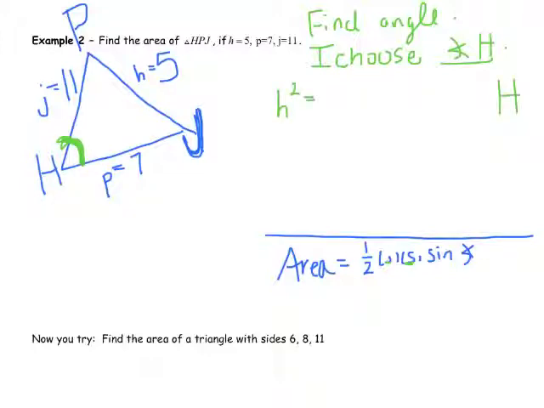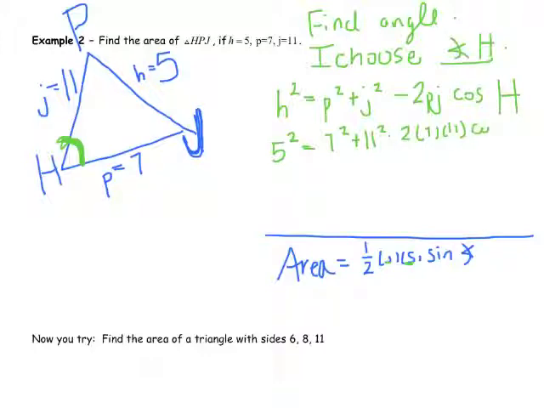So h squared equals p squared plus j squared minus 2pj cosine h. So 5 squared equals 7 squared plus 11 squared minus 2, 7, 11 cosine h.